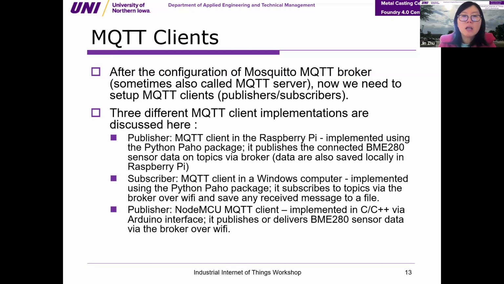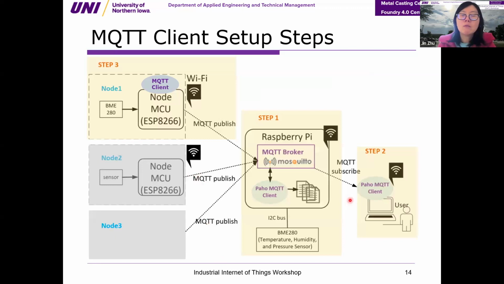So let's see the overall structure. What we're going to discuss for this second part is step 1: implementing the whole MQTT client in your Raspberry Pi. There's a publisher first. That's the first step. And I'm going to include the subscriber, because if you only have a publisher and don't have a subscriber, you don't know if the data is delivered, right?